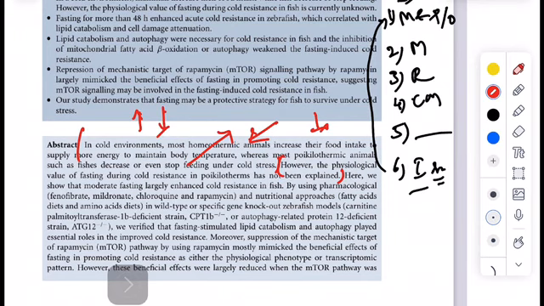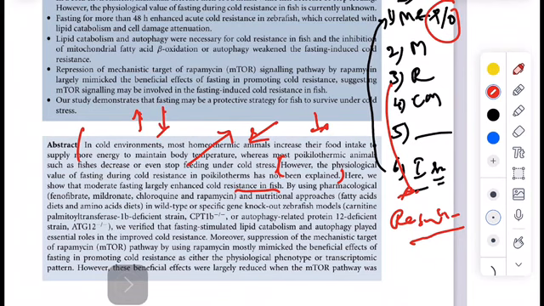Here we show that moderate fasting largely enhanced cold resistance in fish. They have written the results after the objective, or the purpose of the work. The methods they did not mention separately here, but they used pharmacological and nutritional approaches in wild-type or specific gene knockout zebrafish models.